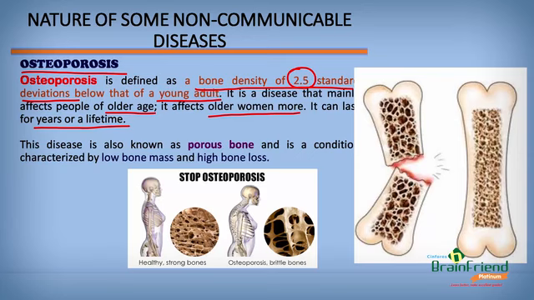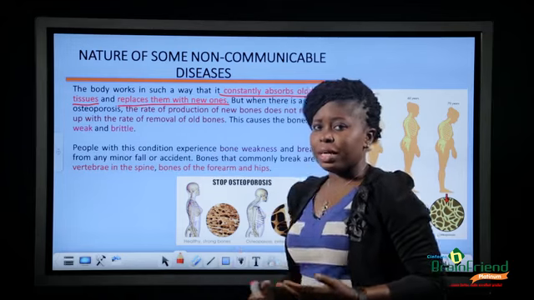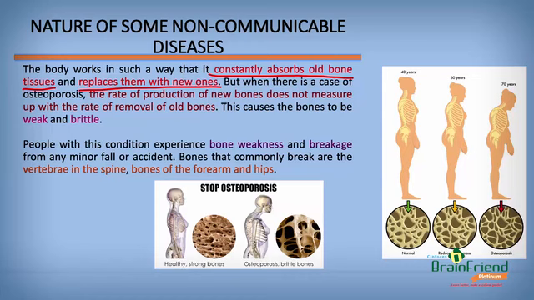Osteoporosis is known as porous bone, and it's a condition characterized by low bone mass and high bone loss. The body works in such a way that it constantly absorbs old bone tissues and replaces them with new, healthy ones.